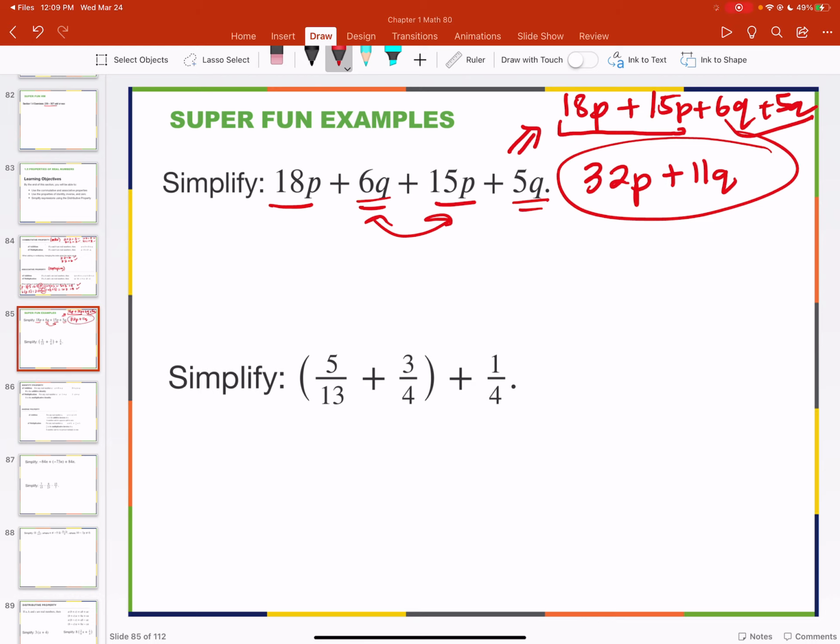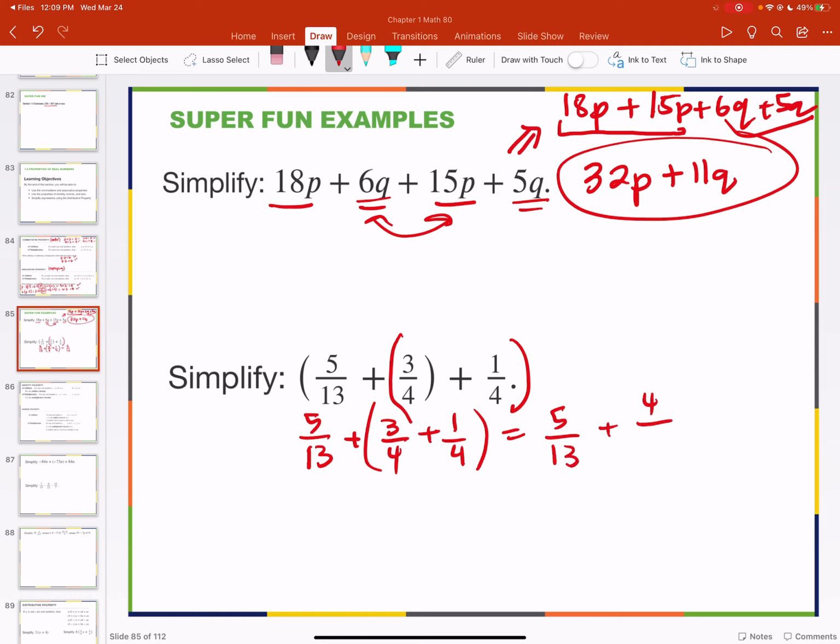What about here? We can use associativity. You have 5/13, but we can regroup these, which will make it easier for us. 3/4 plus 1/4 is easier to add. So that's 5/13 plus, and then 3/4 plus 1/4 is 4/4, which is equal to 1. But we want a common denominator, which is 13.